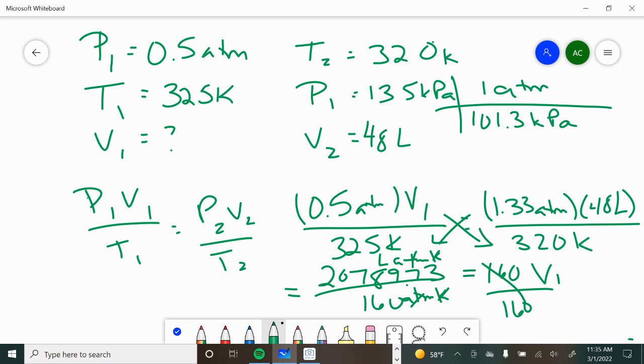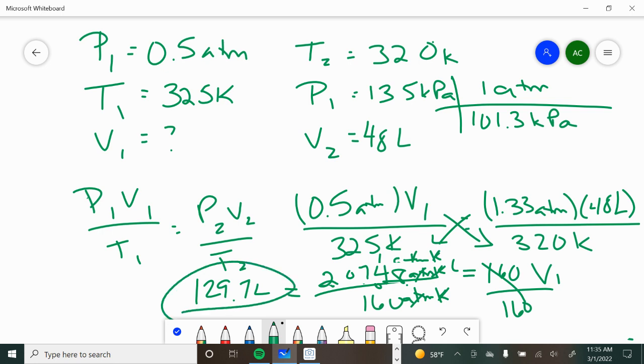Not only did I miss a decimal, I forgot to clear out my calculator. My number is completely wrong. 20748. There we go. Now I divide that by 160. There we go. 129.7 liters. Yep. And that's my answer.